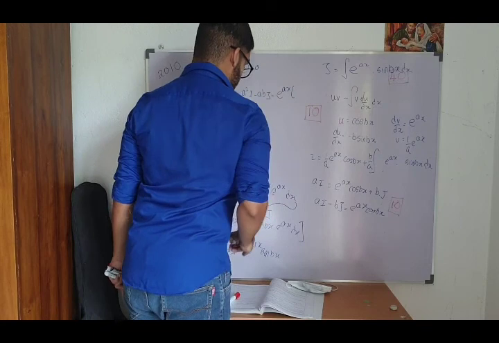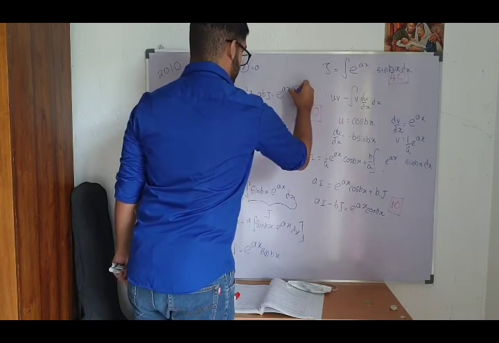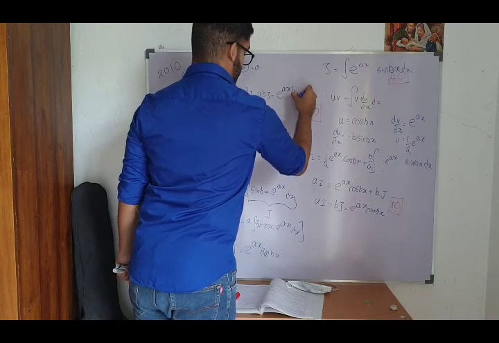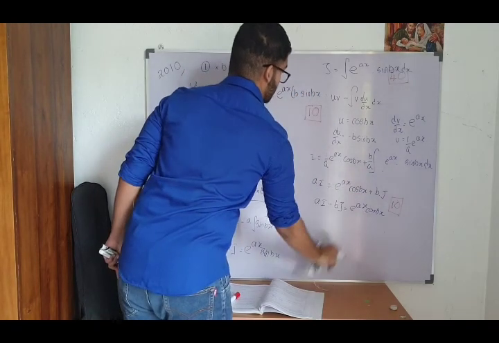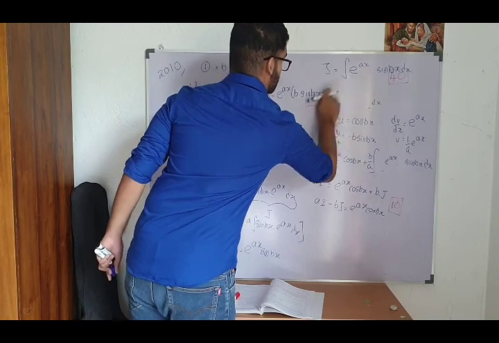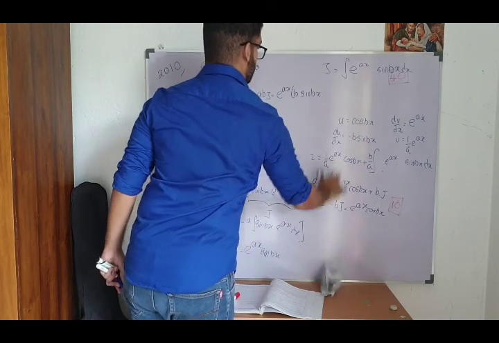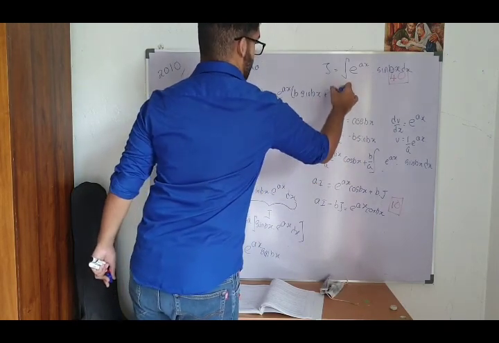So this one should be multiplied by b sin bx plus a cos bx.